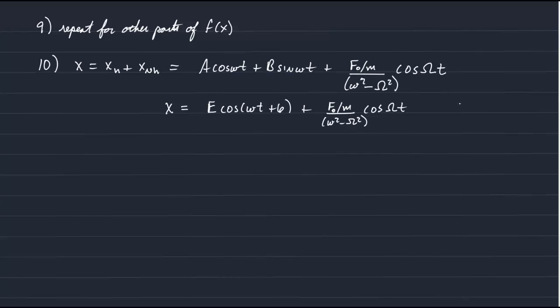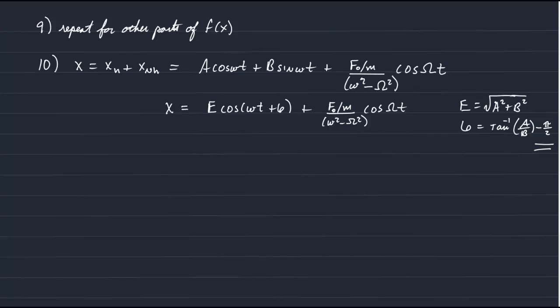And here the amplitude of the cosine function on the natural, unforced oscillation is the square root of a squared plus b squared, and then phi, the phase shift, is equal to arctangent of a over b minus pi over 2. And the minus pi over 2 gives the cosine function.